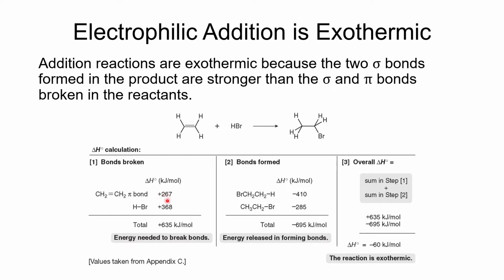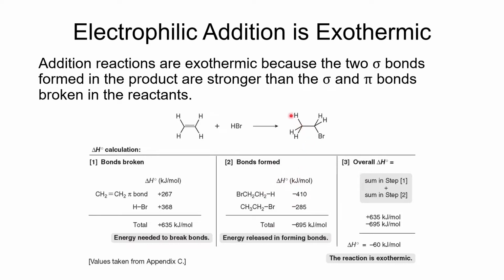is worth about 267 kilojoules per mole. And the HBr, this one's a known table value from the appendix, is 368 kilojoules per mole. That gives us a total of bonds broken of positive 635 kilojoules per mole. The bonds that are formed, we're going to get those back in energy, so those are going to be negative.